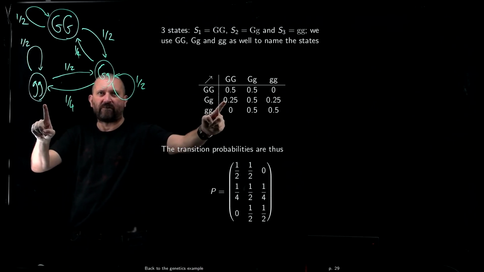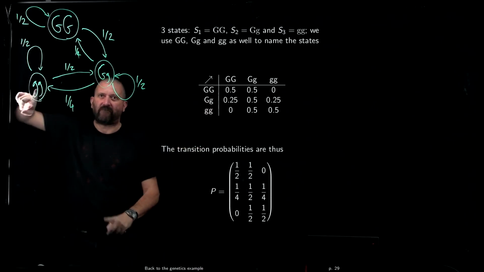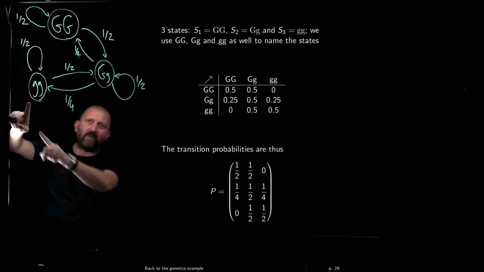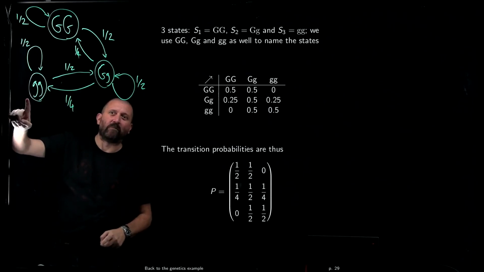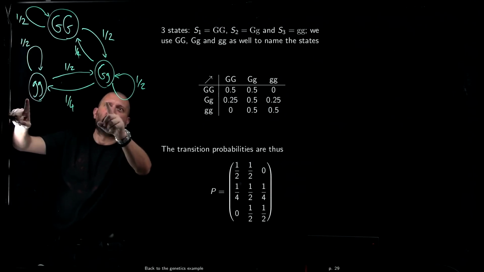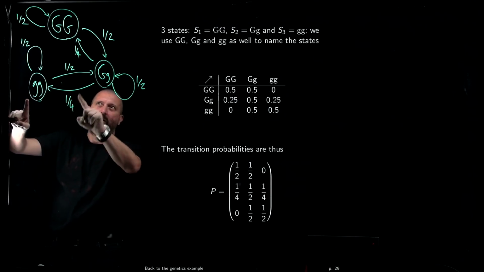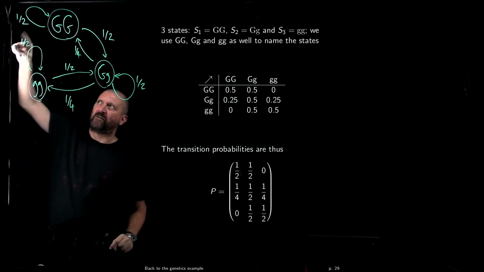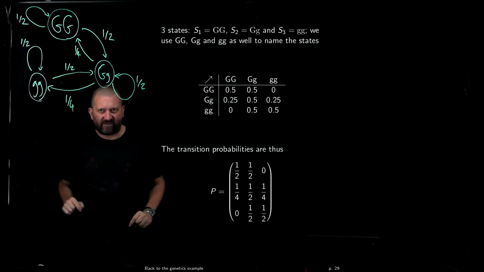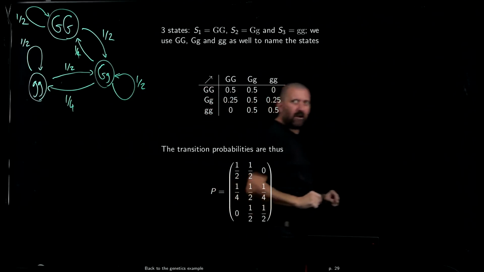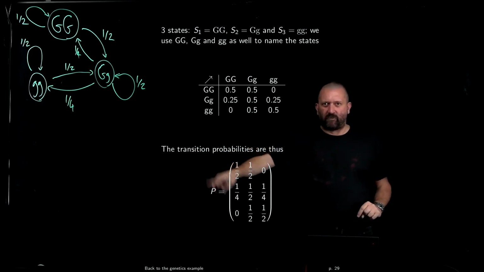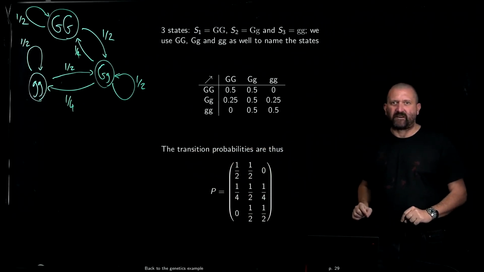Okay, so that's the second row in this matrix. And finally, if I'm here, my probability of moving back to hybrid is 1/2, and my probability of remaining recessive is 1/2. And so my transition matrix is this guy here.